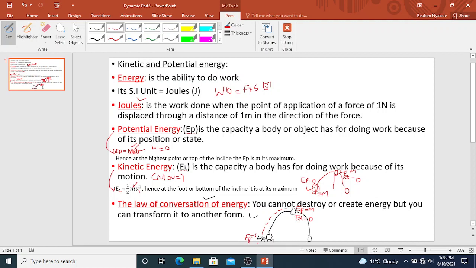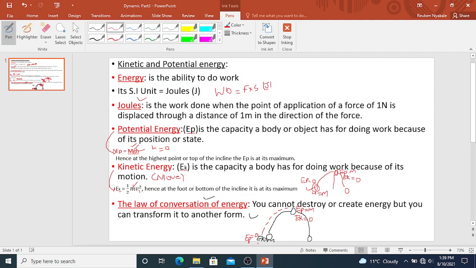The only thing that we did, as the stone was leaving the thrower's hand, the EP was losing energy, while the EK gains energy.